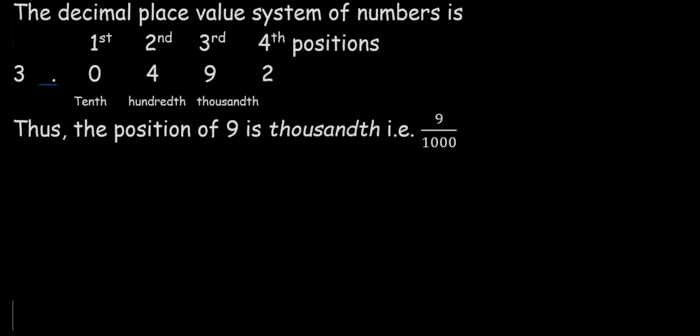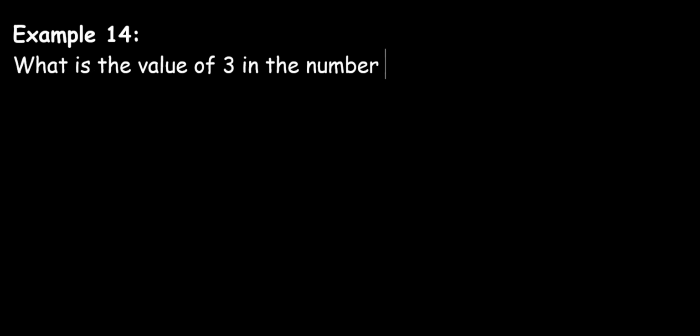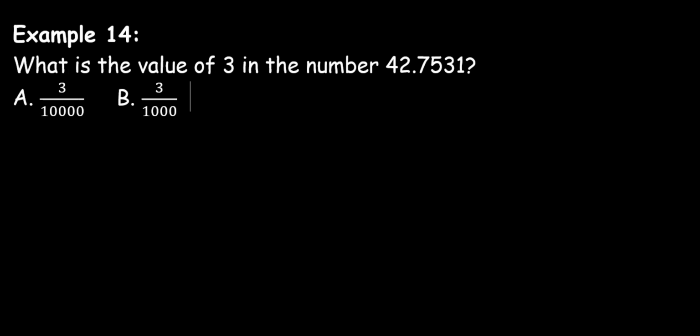Another example. What is the value of 3 in the number 42.7532? Option A, 3 over 10,000. Option B, 3 over 1,000. Option C, 3 over 100. Option D, 3 over 10. Let's take it like the last example we treated.